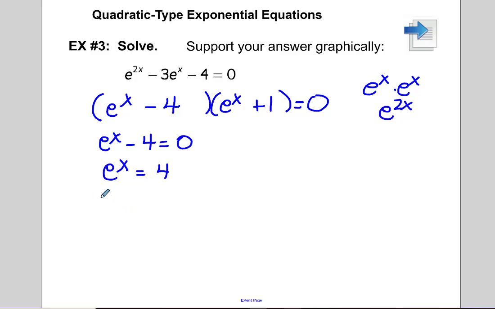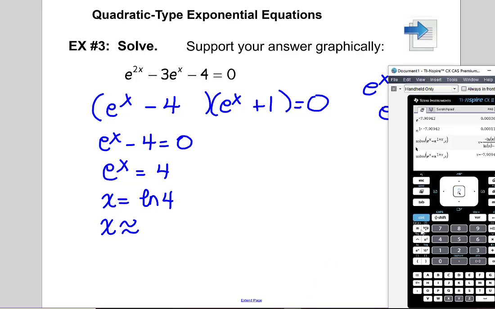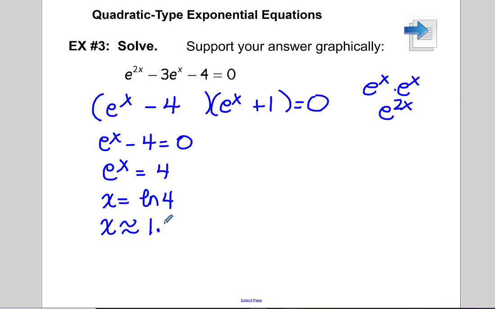And if we take the natural log of both sides, then x is natural log of 4. And using the calculator, the natural log of 4 is 1.386, so roughly about 1.386.